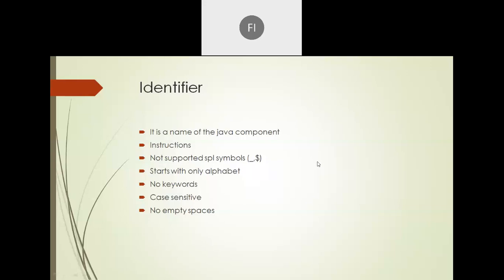It cannot be product or hello or multiplication, because the name should not deviate from or mismatch the functionality inside the class. So that is also a good suggestion to always keep in mind. These are the things we have to remember while defining an identifier.